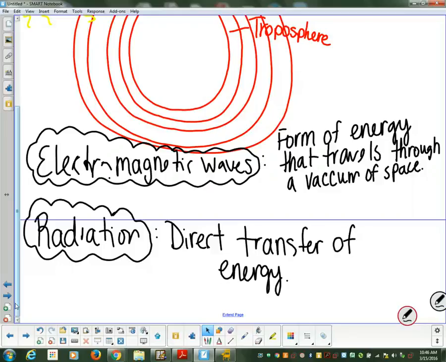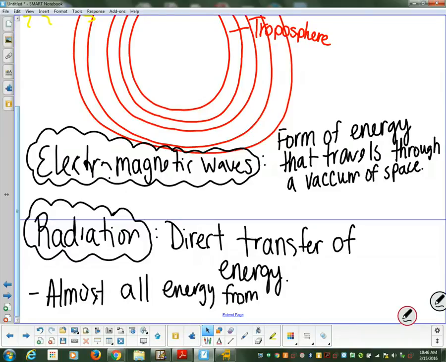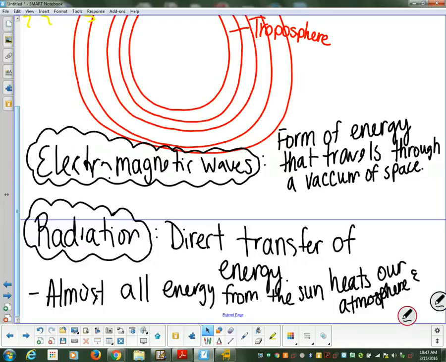And all of this stuff is almost all energy from the sun heats our atmosphere and surface.